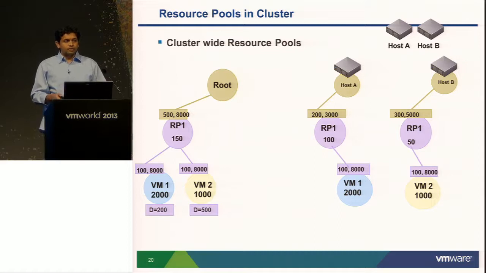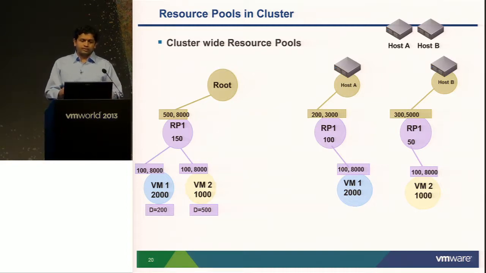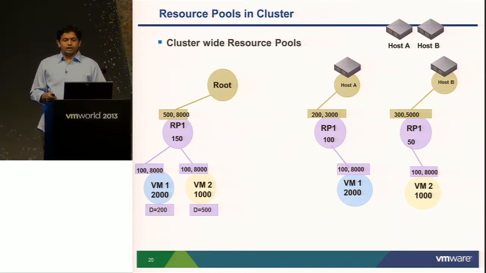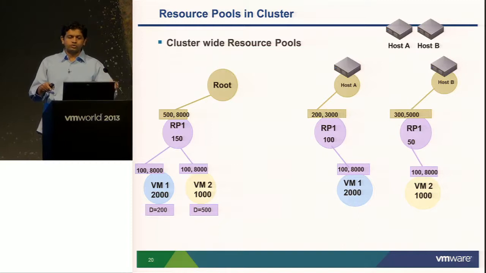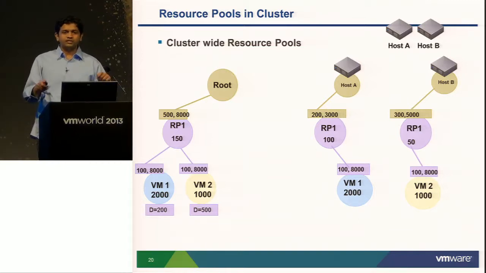The VMkernel also understands resource pools, and it is the one that actually enforces them at a very small time granularity. Every few milliseconds, it ensures that the resource pool constraints are met. But because the VMs are on different hosts, DRS would set these resource pool settings on host A and host B, and change them periodically.